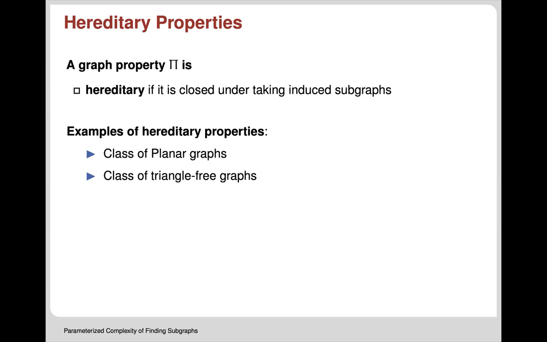If a graph is planar, then an induced subgraph of that graph is also planar, and that's also true for triangle-free graphs. For this talk, we take a hereditary property and partition them based on the number of cliques they have or the number of independent sets they have.